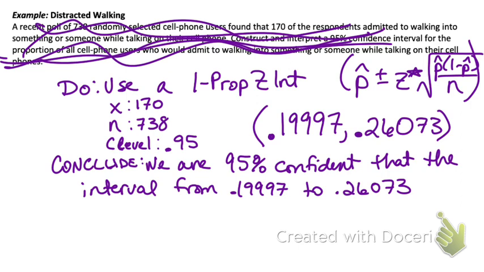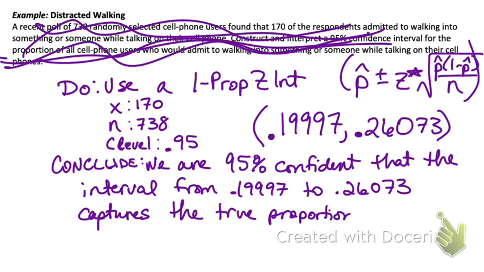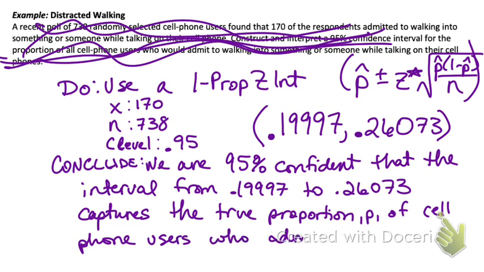What does it do? Captures. Captures the true proportion. And at this point, basically, I'm just rewriting what I wrote in the beginning. The true proportion p of cell phone users who admit to distracted walking.